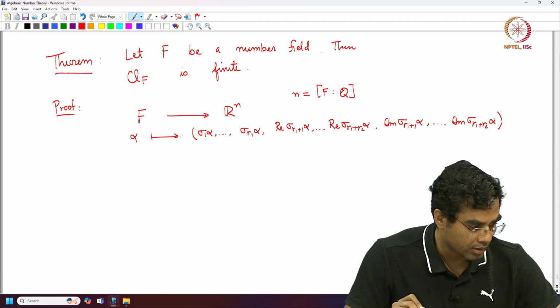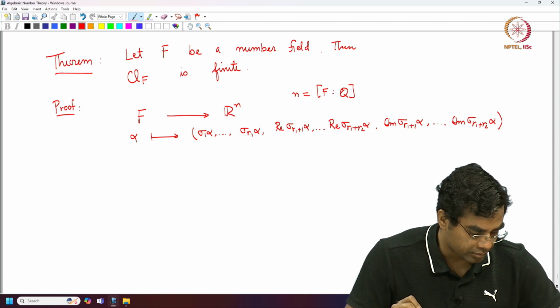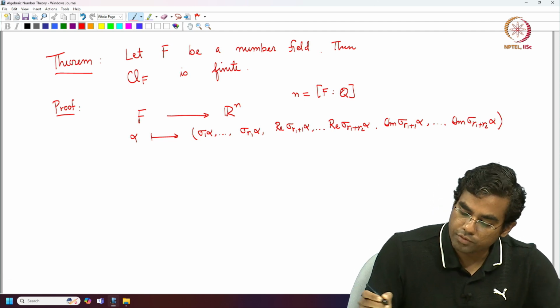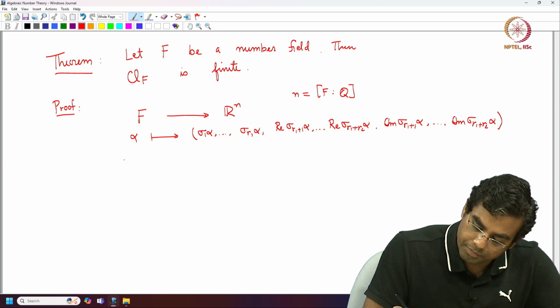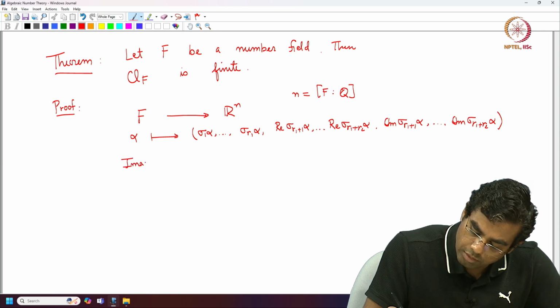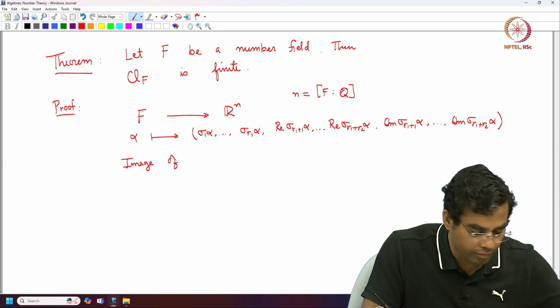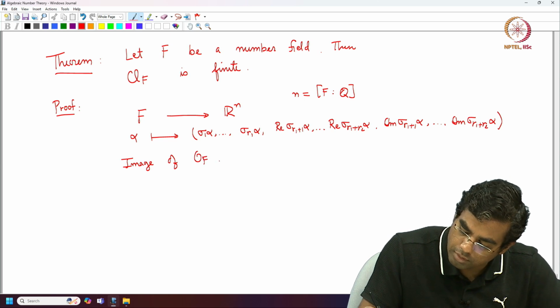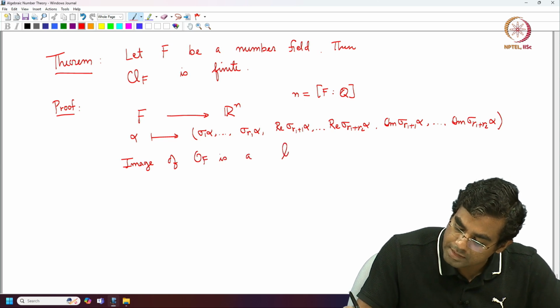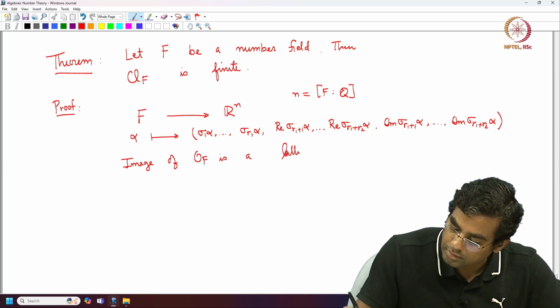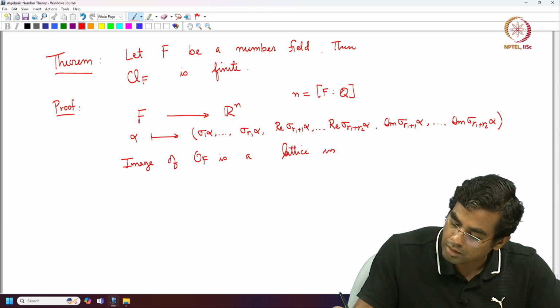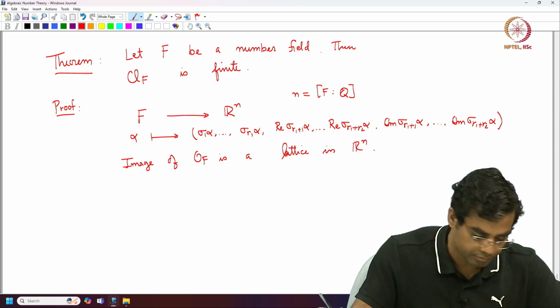Okay. All right. So, we know that the image of O_F is a lattice in R to the n.